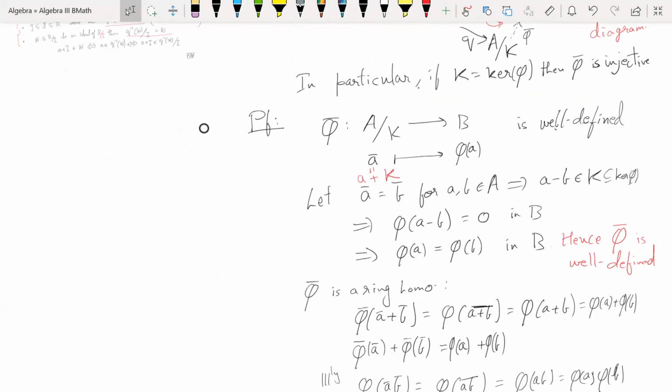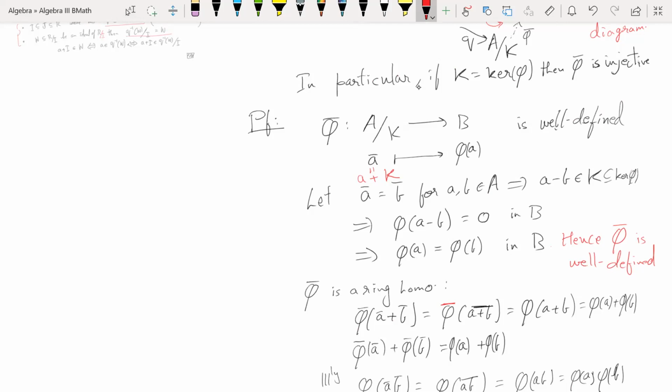So let's check that. So phi bar of A bar plus B bar, where A bar and B bar are elements of A mod K. By definition, this is the same as phi bar, yeah, so somehow here it should be phi bar. Yeah. So A bar plus B bar is the same as A plus B bar, an observation which we made earlier.